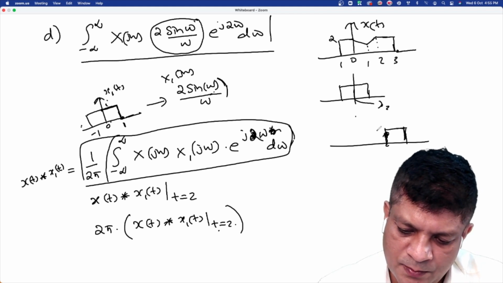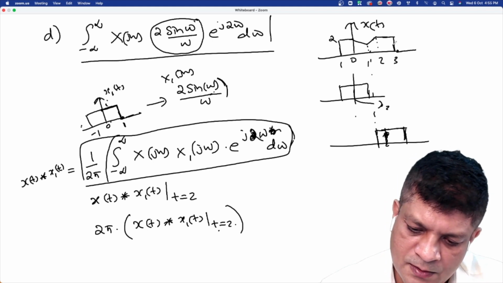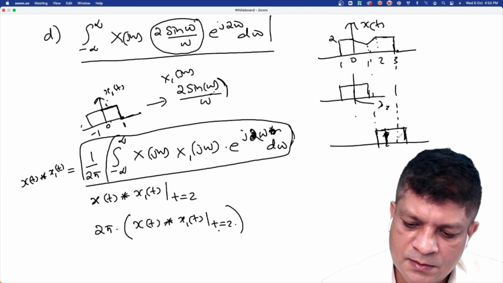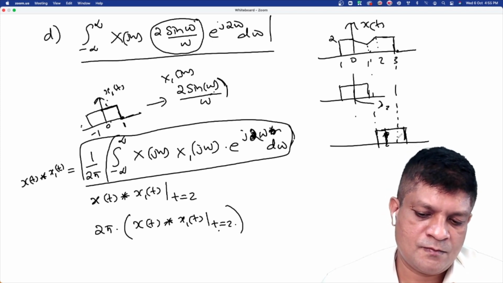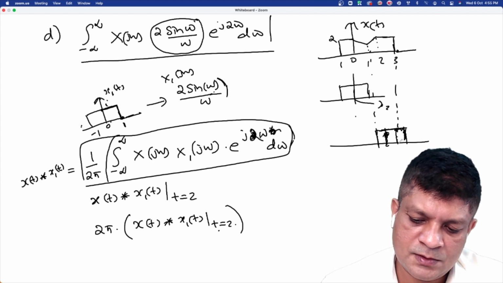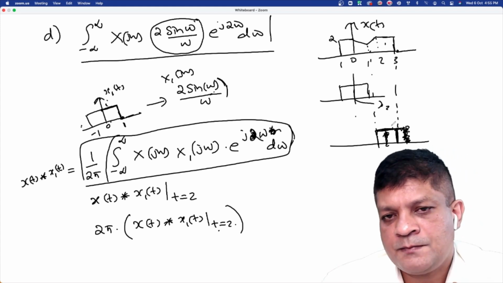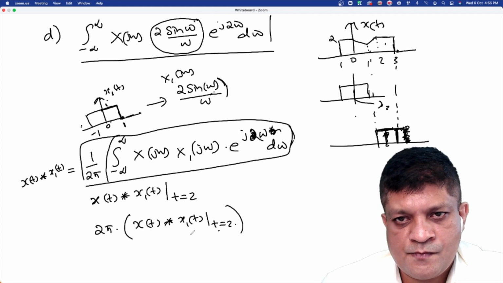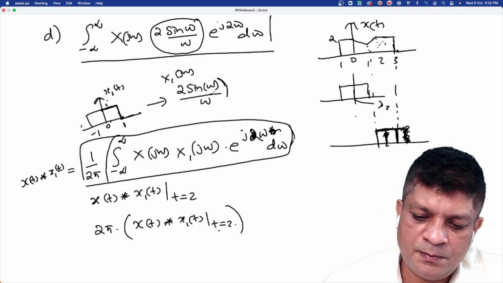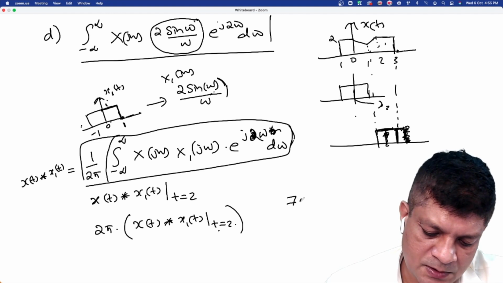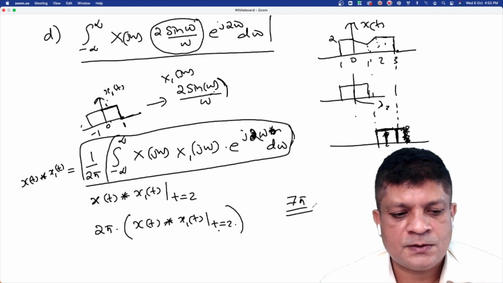Shift by 2 means, where is the overlap? There is overlap here. Multiply these two and find the area. It is 3.5, so this will be 3.5 into 2 pi. So it is 7 pi. Is it the answer?